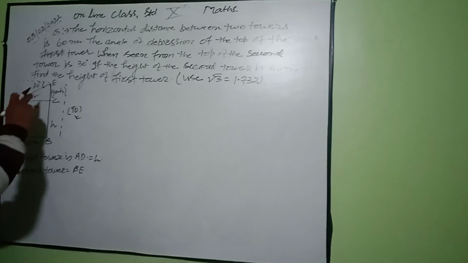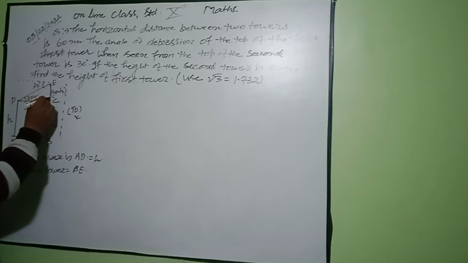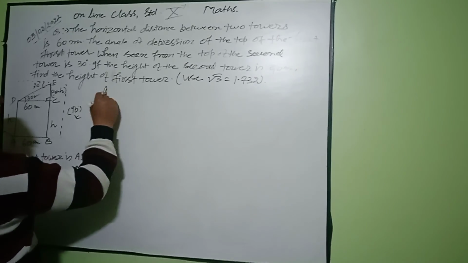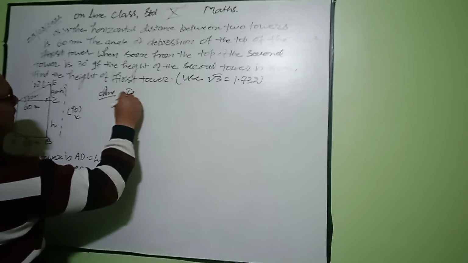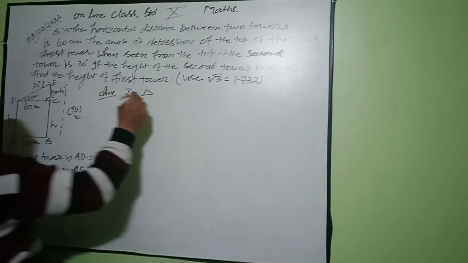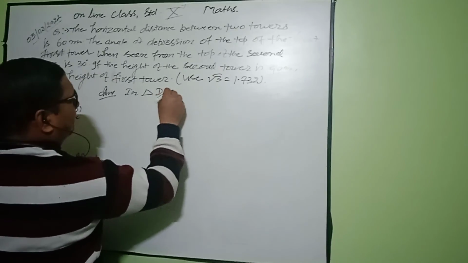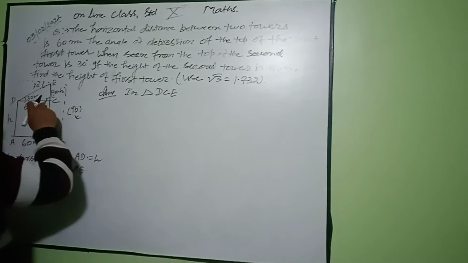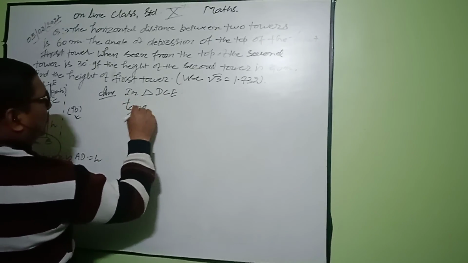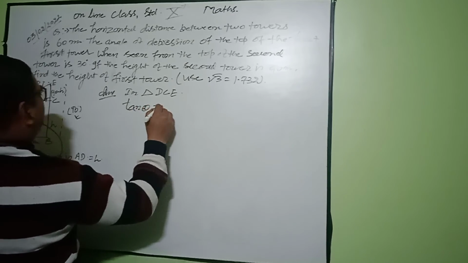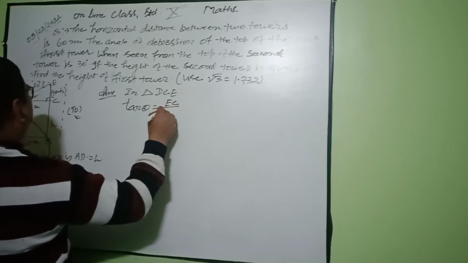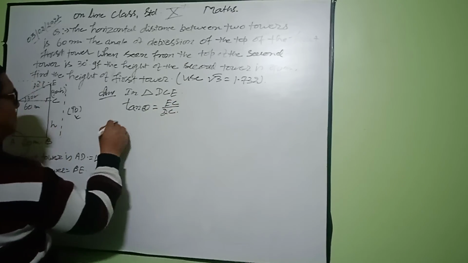Then in triangle DCE, this will be 90 degree. In triangle DCE, tan theta equal to EC by DC.